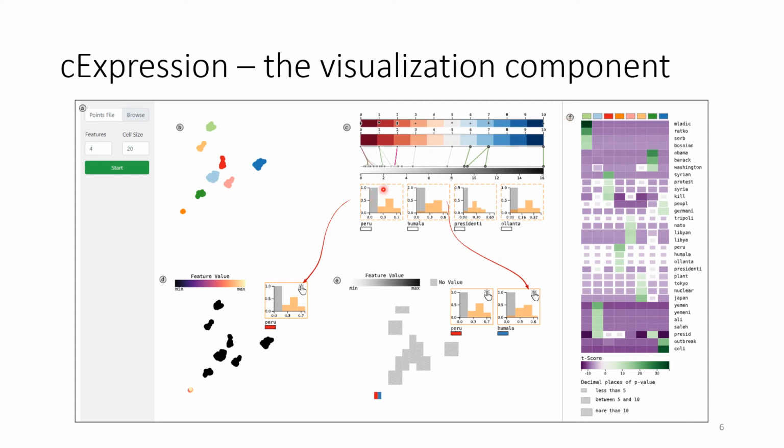When users click on a distribution plot, they can visualize the distribution of feature values on the scatterplot, and if more than one distribution plot is clicked, we divide the scatterplot representation into cells to encode all the feature values.